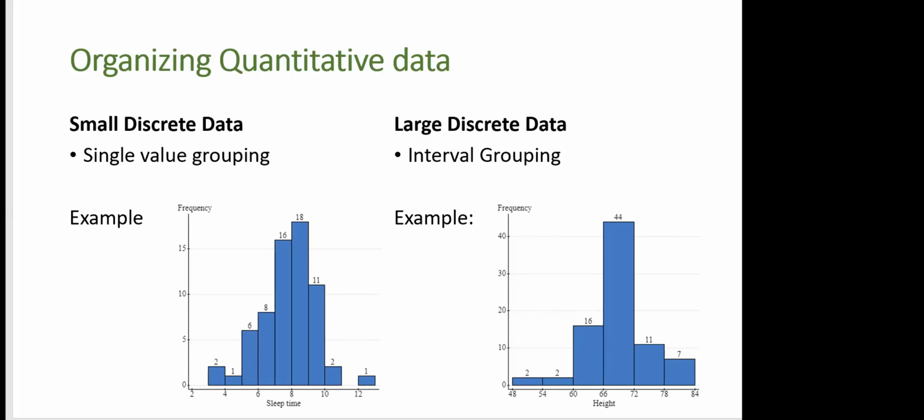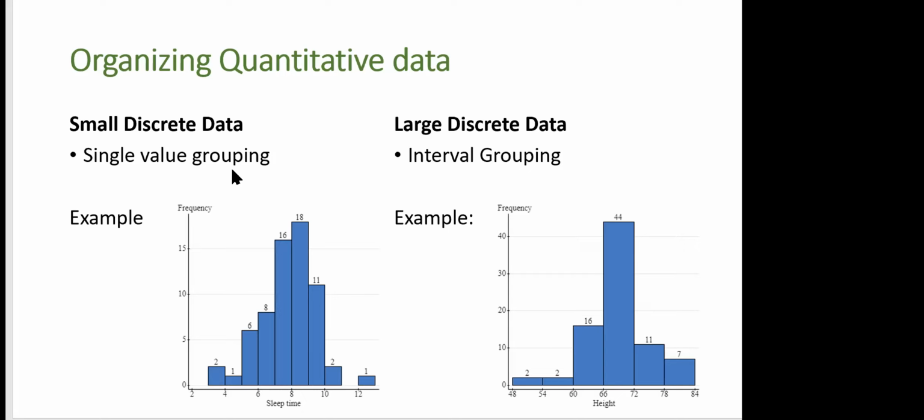So far, we looked at how to organize and visually present the small discrete data sets and the large discrete data sets. For the small discrete, we basically use single value grouping, so each value is presented. And for the large discrete data sets, we have interval grouping.